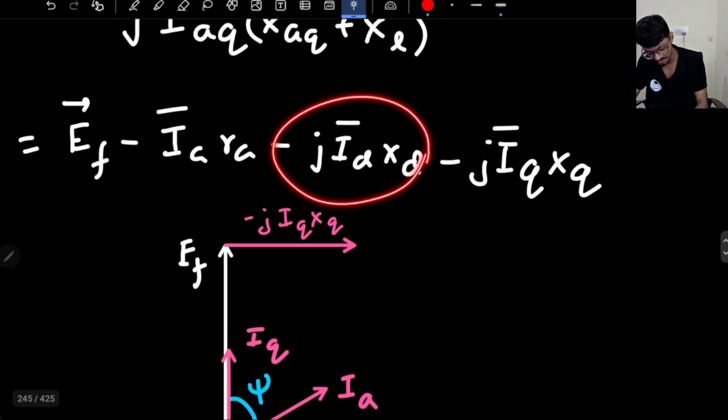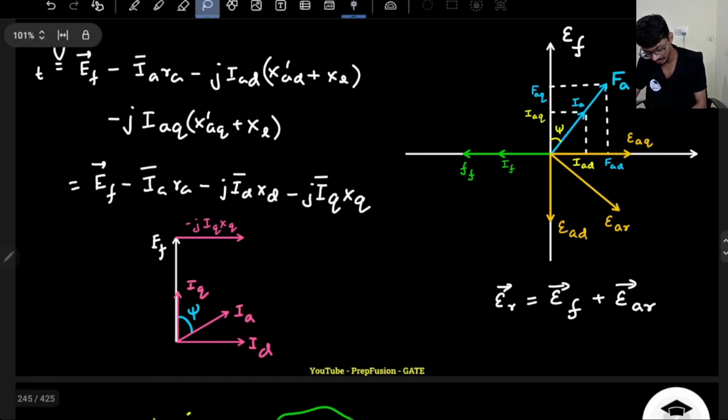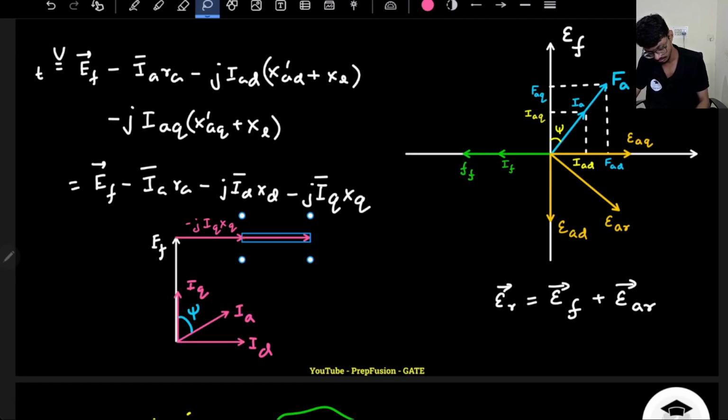Okay, now I will do the same with ID. So ID I have here, I will rotate this in the clockwise direction and multiply XD, right?